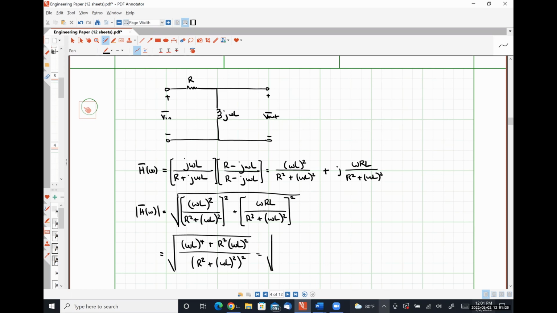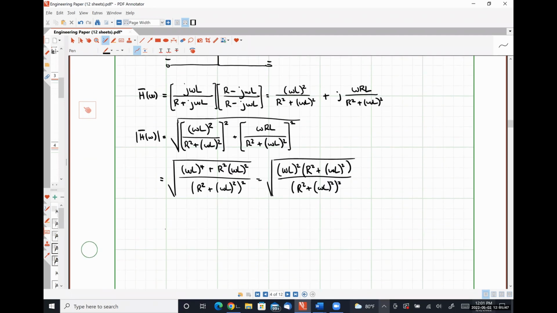And so this is going to give us omega L squared times R squared plus omega L squared over R squared plus omega L squared squared, or omega L over the square root of R squared plus omega L squared.